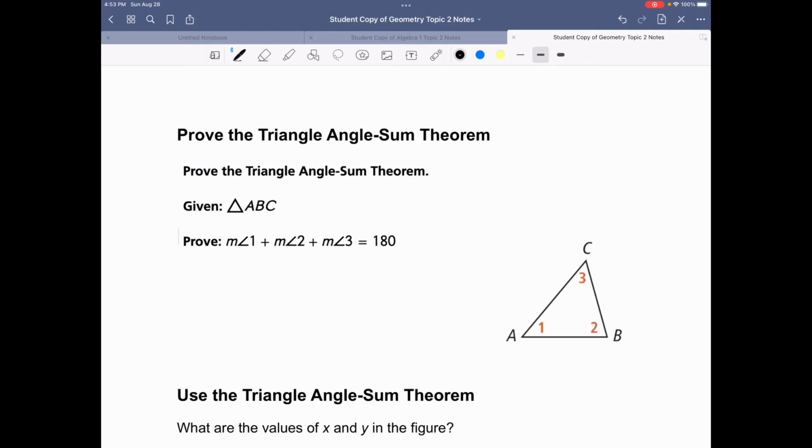In this proof, it asks us to prove the triangle angle sum theorem. So we're going to prove that when we add up all 3 angles of a triangle, it is equal to 180 degrees. All right, we'll start out with step 1.